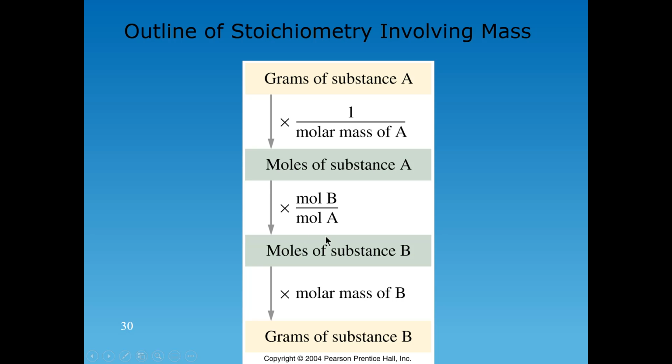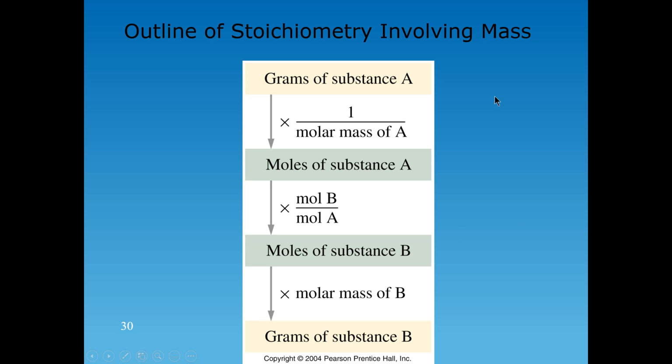Then you multiply by the conversion factor obtained from the coefficients of the substances in the balanced equation. Multiplying moles of substance A by this conversion factor will give you the moles of substance B. Then, if the question is asking for the mass in grams, you multiply the moles of substance B by its molar mass, and that will give you the mass.